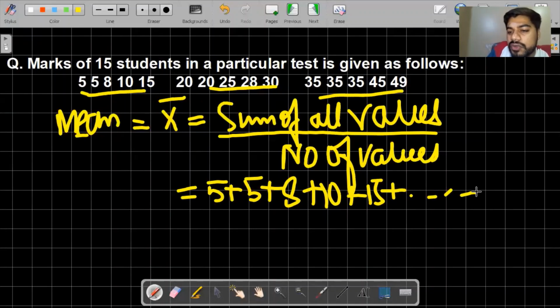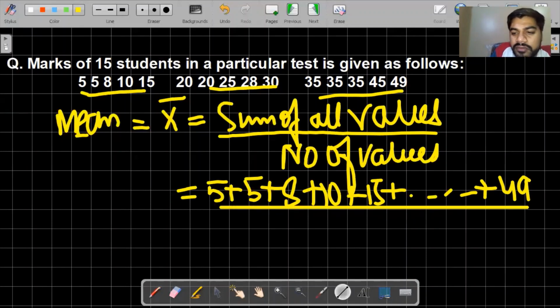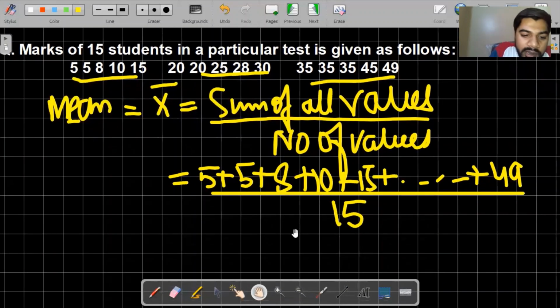At last, this will be 49. I'm not writing all the values. You can just write it by yourself, add all the values and divide it by 15, since we have 15 values. You have a calculator, so just calculate it by yourself and let me know. So I'm writing the answer.